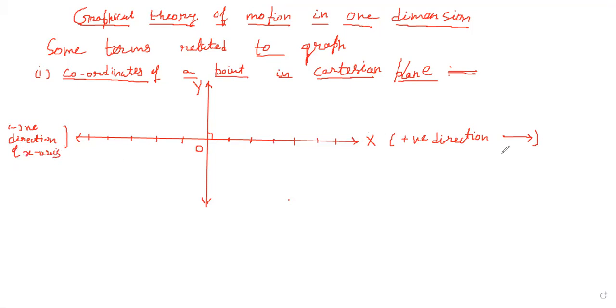Starting from the point where the x-axis and y-axis intersect, do you know the name of this point? Yes, this point is called the origin, denoted by O. Origin means starting.